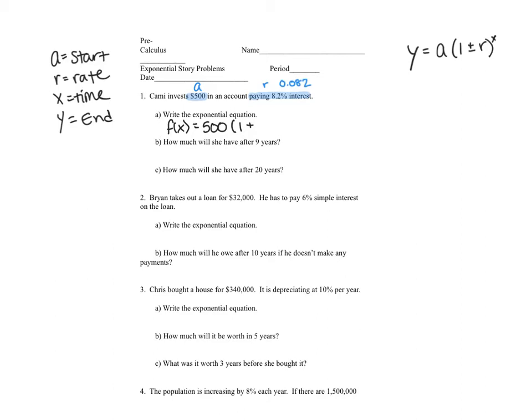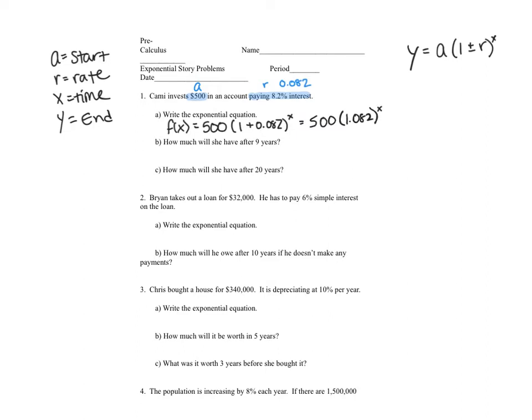So it's paying 8.2% interest. So plus 0.082 to the power of x, because we don't know our time yet. You can also write this as 500 times 1.082 to the x.